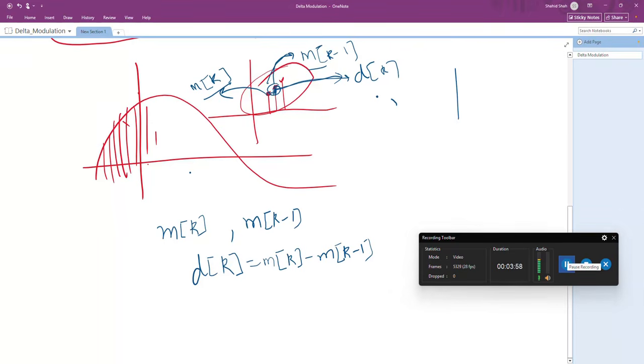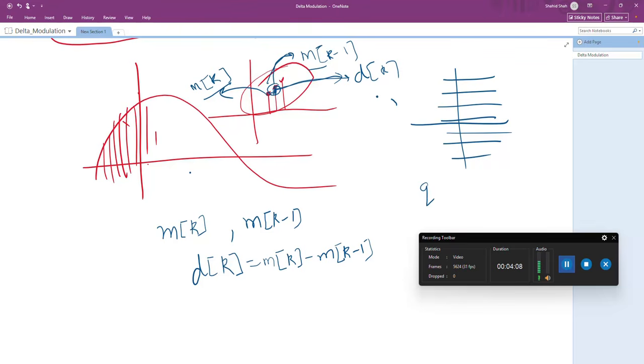Now if you recall what we did while proving the quantization noise, the quantization noise is represented by, suppose, q. To calculate the mean square error, we take q squared and integrate it with respect to dq. How many levels are there?